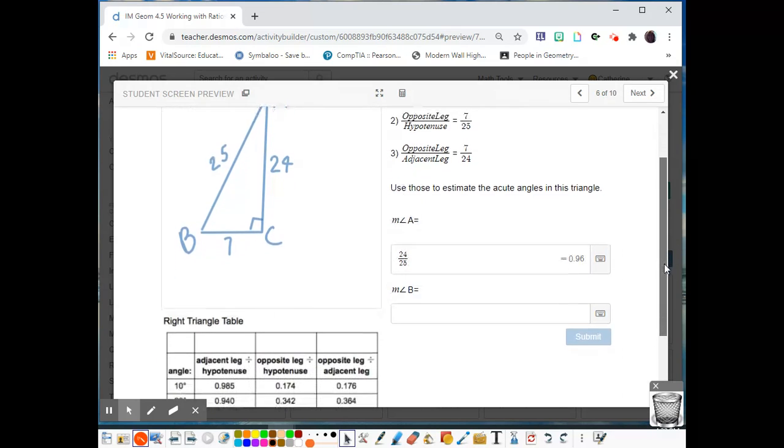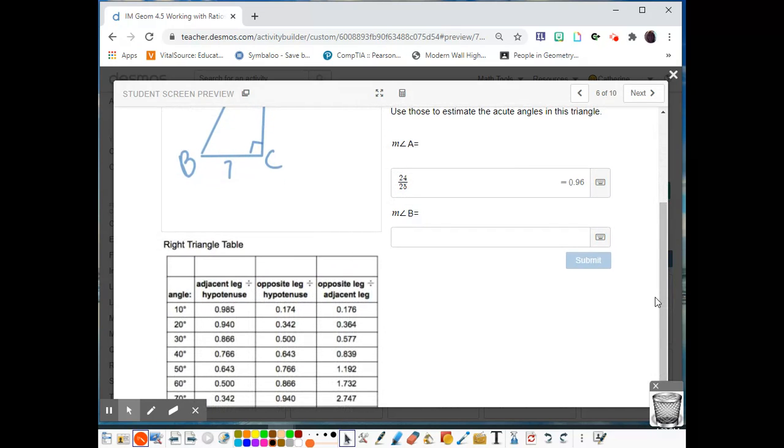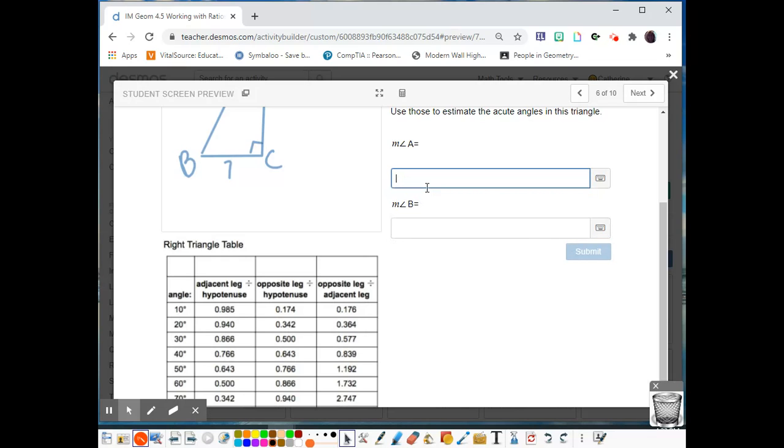So we need to look in the first column, and we have 0.96, which falls between 10 degrees and 20 degrees. So we can estimate, well, 0.98, 0.94, it's about halfway. So we can say, hey, this angle is about 15 degrees. We're just estimating here, so you don't have to be exact, but I'm going to guess you're really close. So that one's 15 degrees.